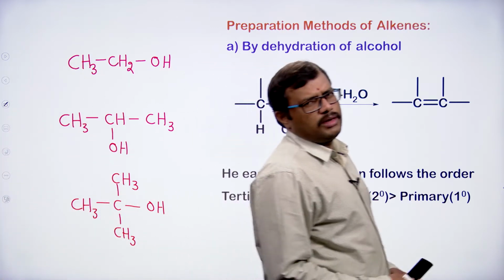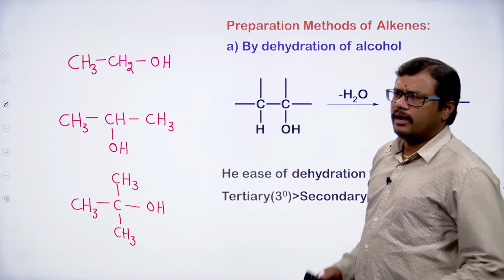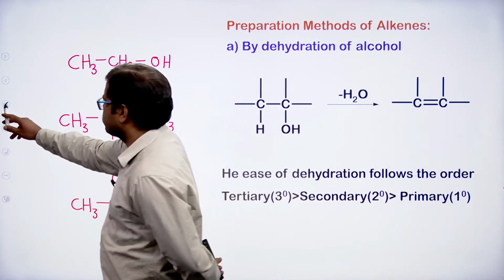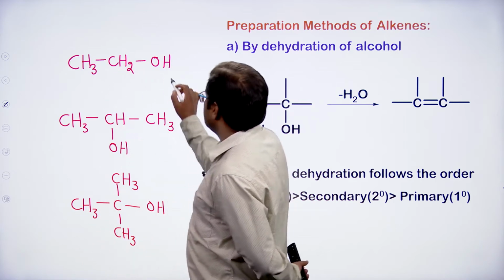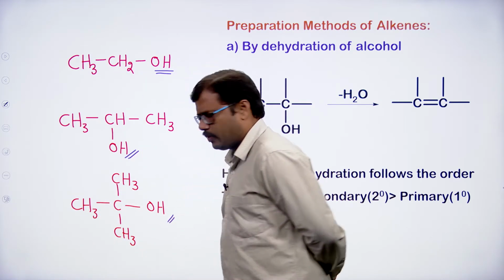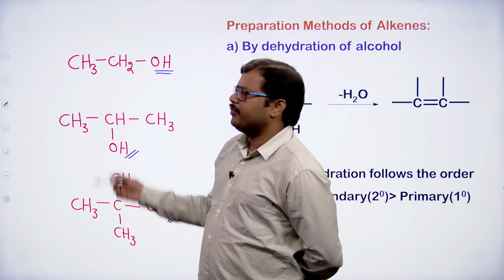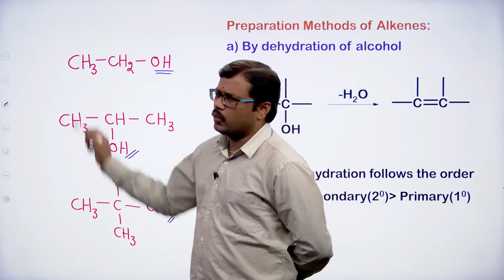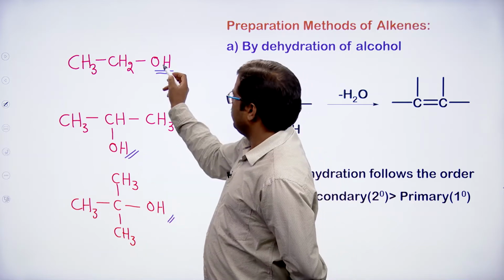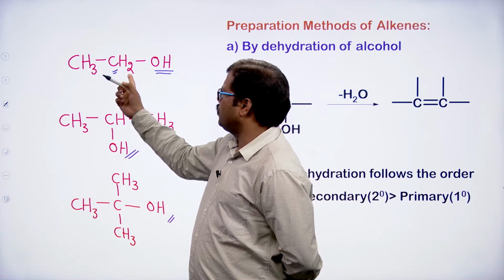Okay. So I have written 3 alcohols on the board, you can clearly see here, and if we observe, the OH group is present here, in this case here, and in this case here. Okay. So if we observe, the OH group is connected to one carbon atom, and this carbon atom in turn is connected to only one carbon atom. It is attached to this carbon, and this carbon in turn is attached to only one carbon and 2 hydrogens.